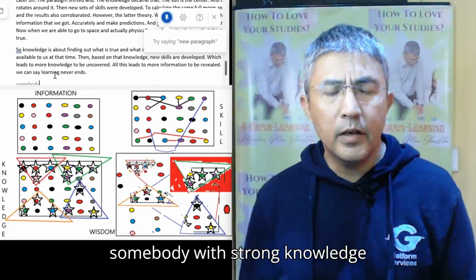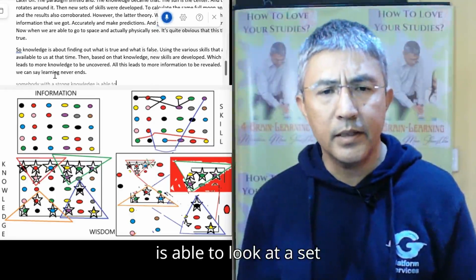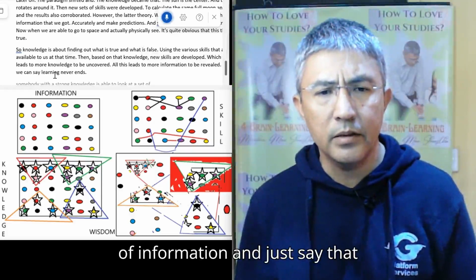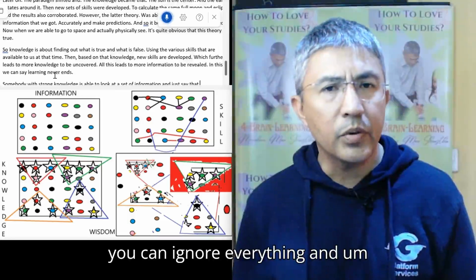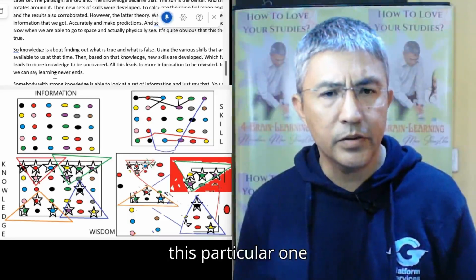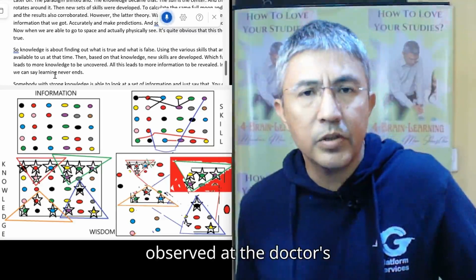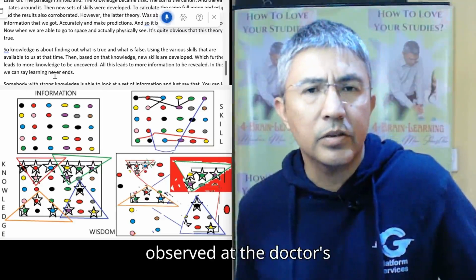Somebody with strong knowledge is able to look at a set of information and just say that you can ignore everything, and you have to focus on this particular one information that is best observed at the doctor's clinic.